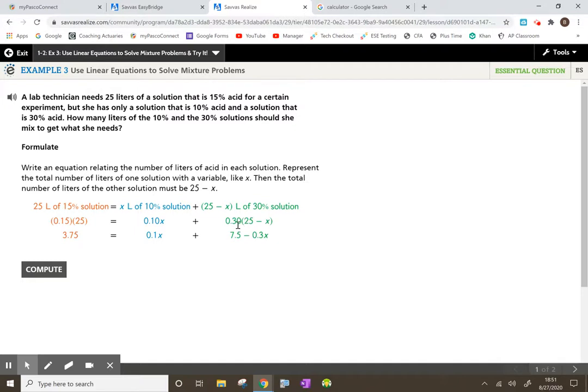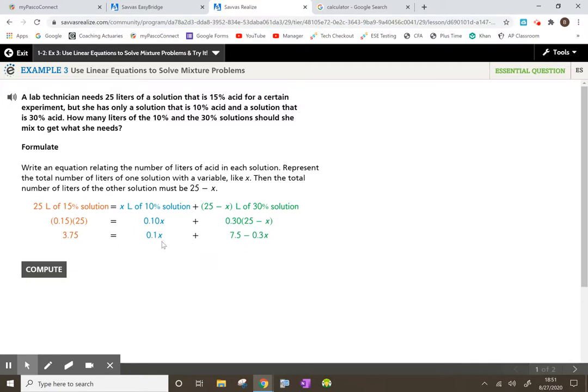So 30% times whatever the leftover amount is, 0.30 times the quantity 25 minus x. And this is distributed: 0.30 times 25 becomes 7.5, and 0.30 times the minus x becomes minus 0.30x, or minus 0.3x.